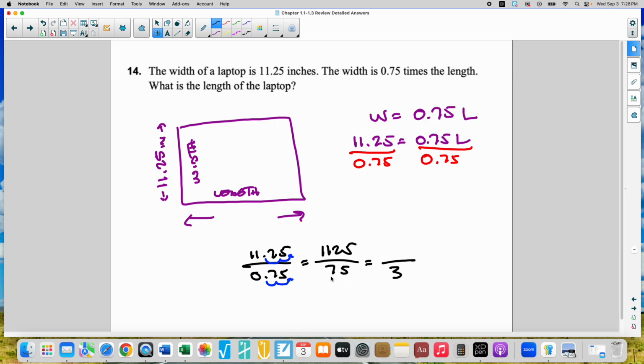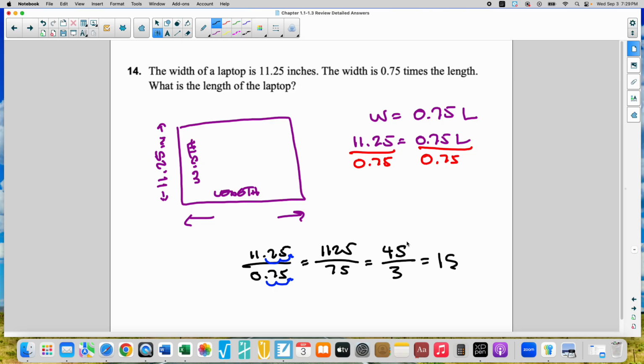There are 3 quarters in 75 cents and $11.25. There are four quarters in each dollar, and if we have 11, 4 times 11 is 44, plus that extra quarter is 45. And now we need to reduce this, and that reduces to 15.